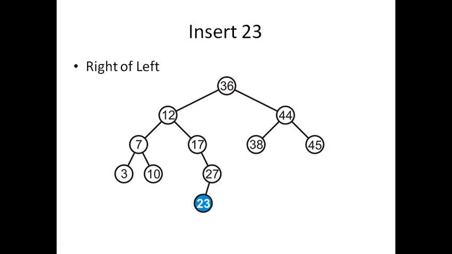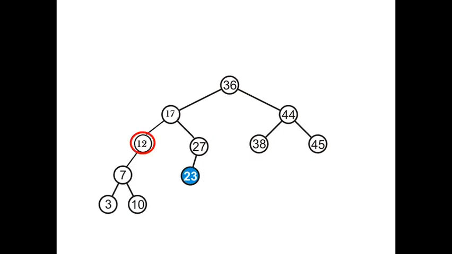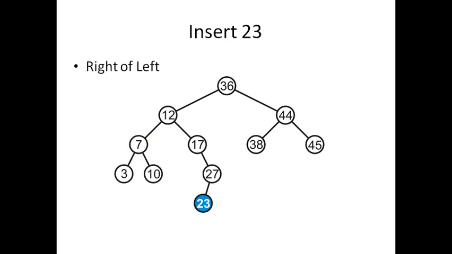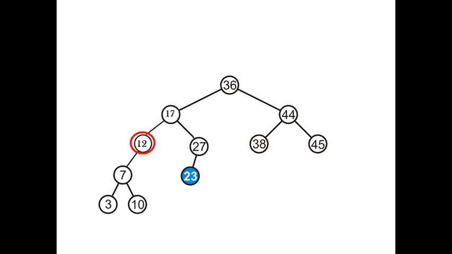That means we have to rotate at 12 towards the left, which makes it like this. You can see what happened here. 17 has been pushed into the root, 12 has been dropped into the left child of 17, and 27 will continue to remain associated with 17, and 23 is also in the same position.